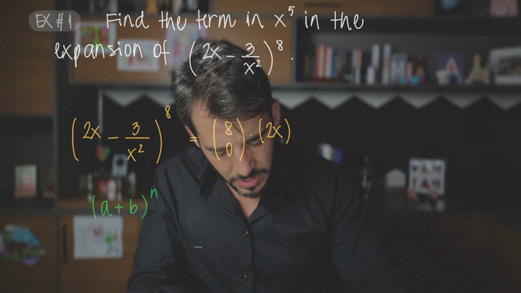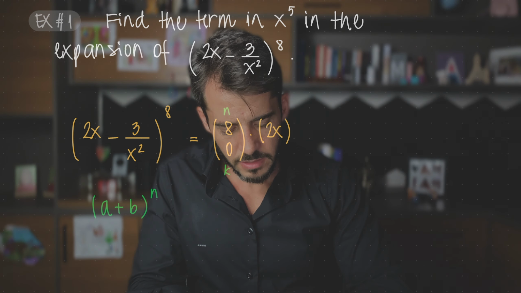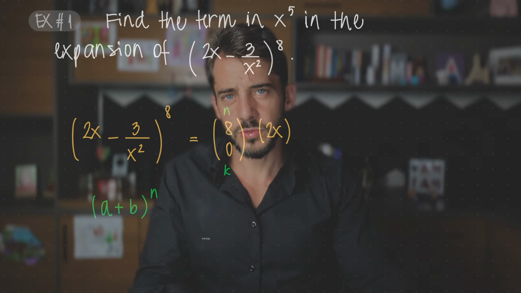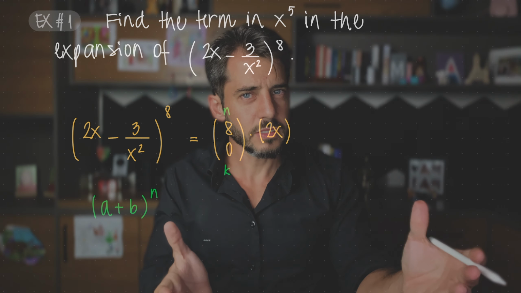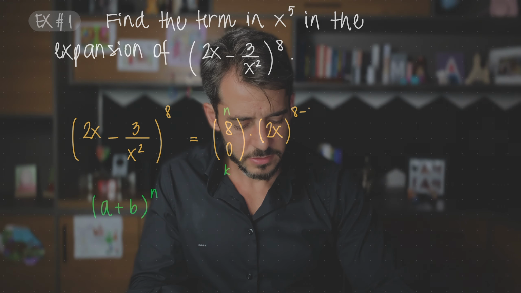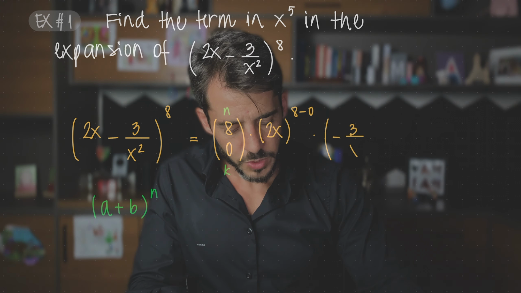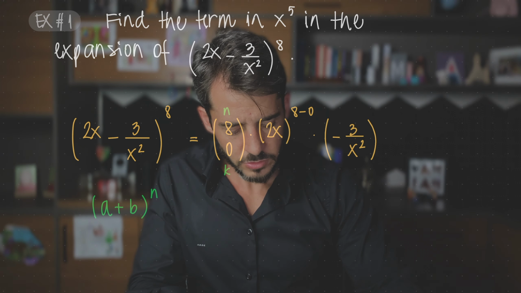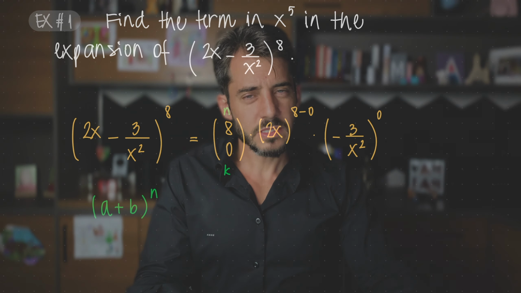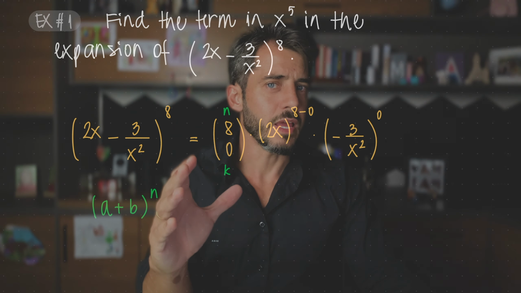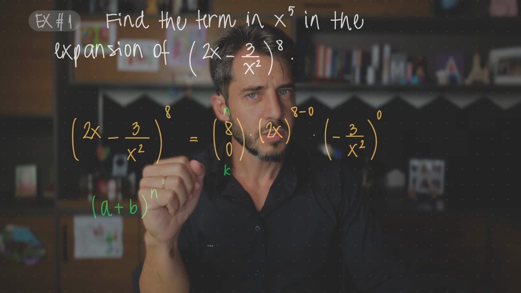We always have n choose k, and this k is a placeholder that goes from 0 to 8, times (2x) to the 8 minus 0, or n minus k, times b, which is negative 3 over x squared to the power of k. We can see this pattern emerging in every expansion that we did previously.